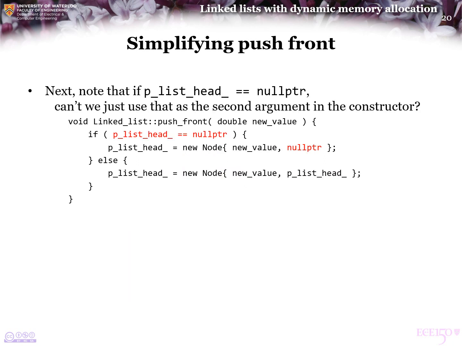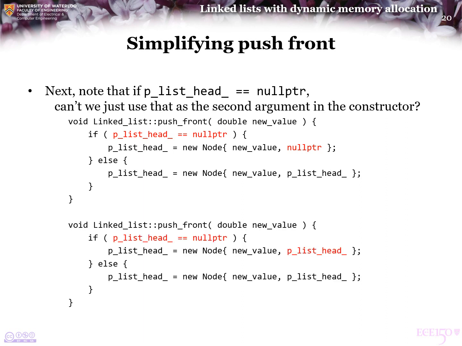Now note that given the condition, the consequent block of this conditional statement is run if pointer to list head is equal to the null pointer. So if pointer to list head is equal to null pointer in this case, couldn't we just use pointer to list head as the second argument to the constructor, as after all it's currently null pointer?